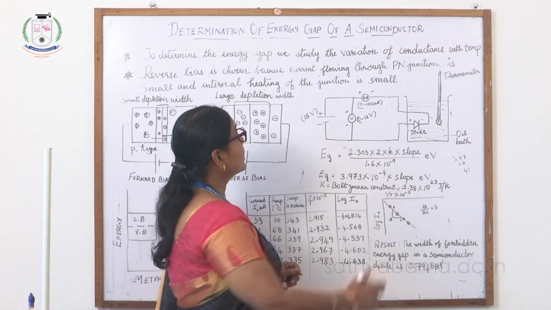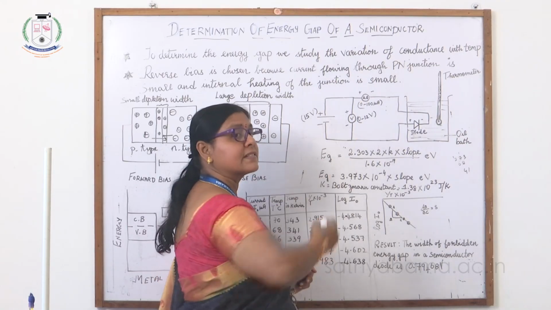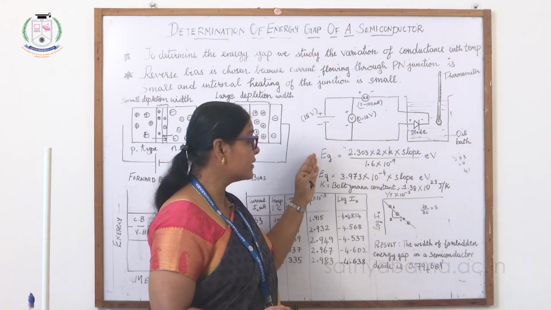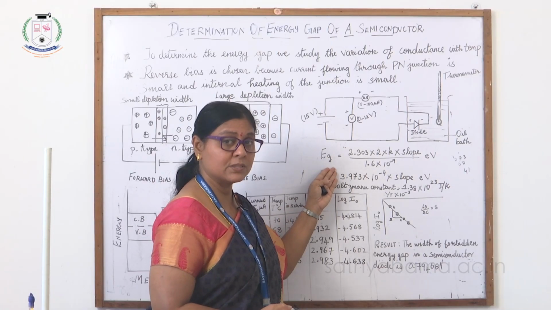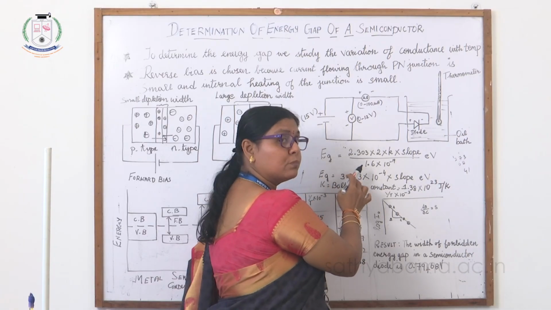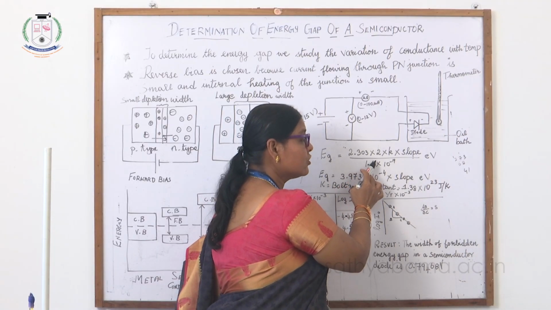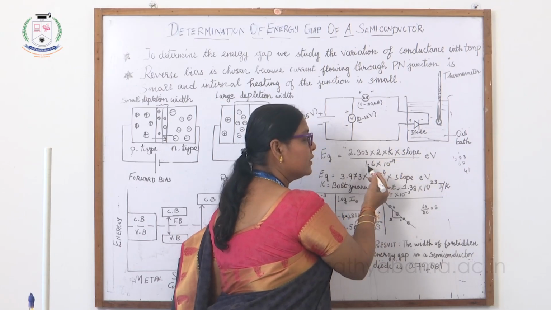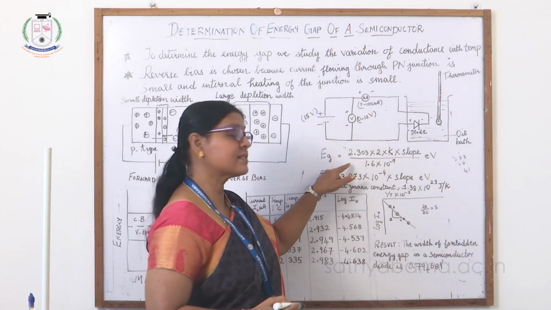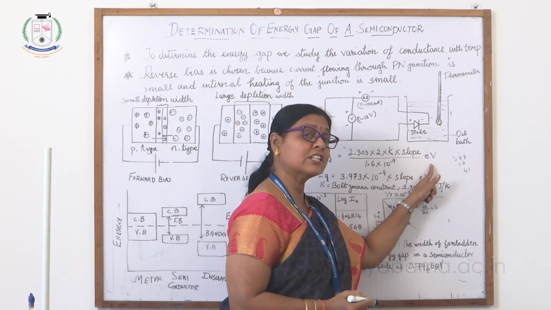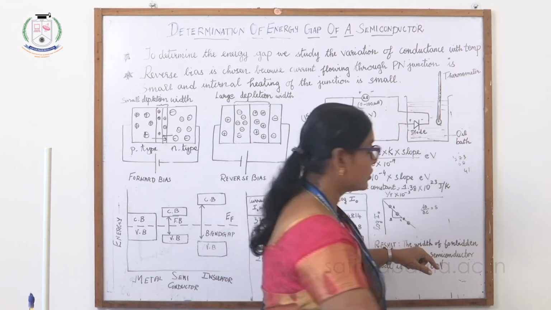To determine the energy gap of a semiconductor, the formula that we are using is E suffix G, which is the energy gap, equal to 2.303 into 2 into K into slope divided by 1.6 into 10 power minus 19, converting into electron volt.